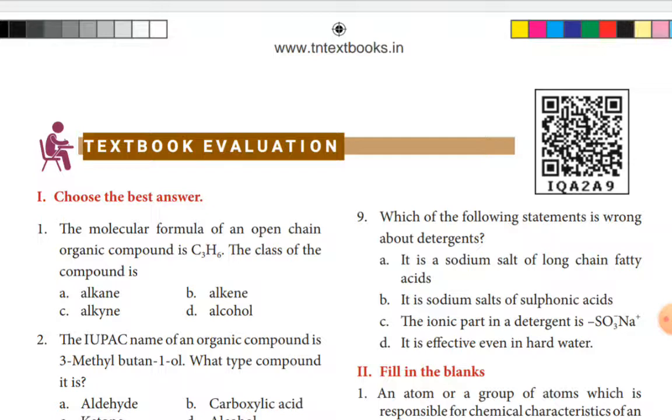In the place of n, if you give value 2, you get C2H4, and 3 gives C3H6. If the n value of the formula CnH2n is 3, we will get the organic compound C3H6. So the class of compound is alkene.